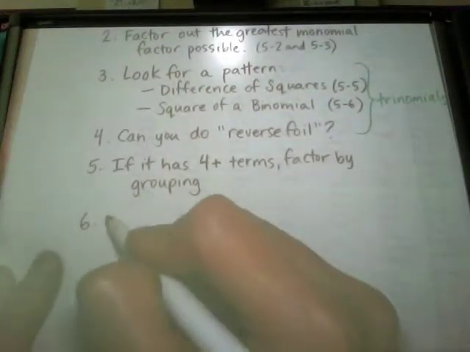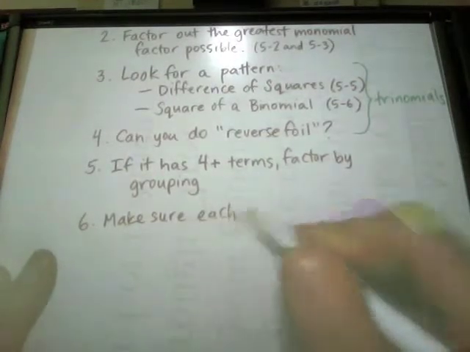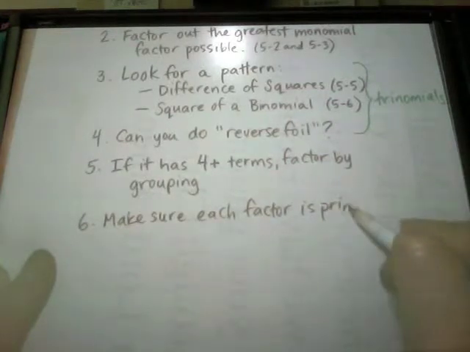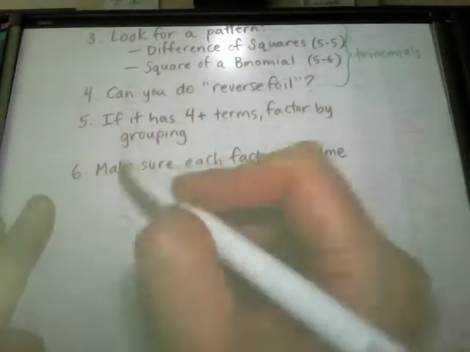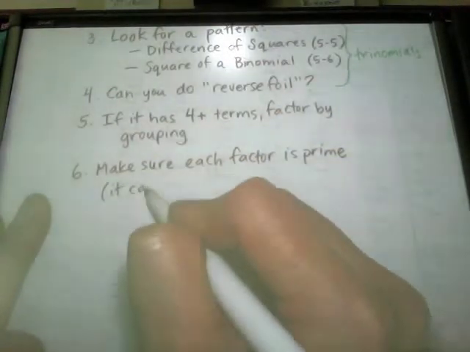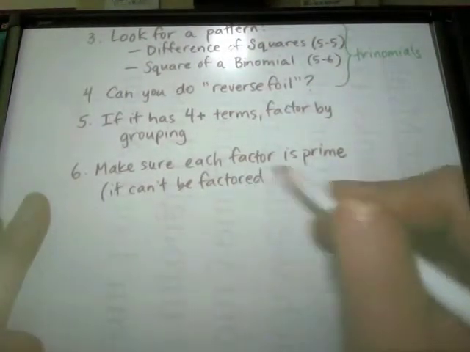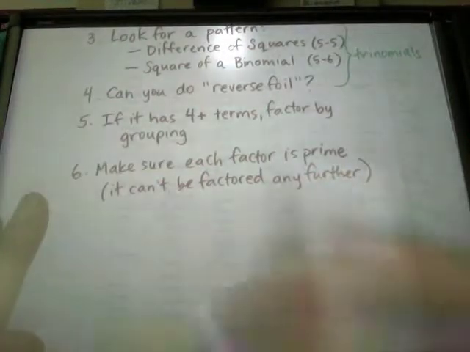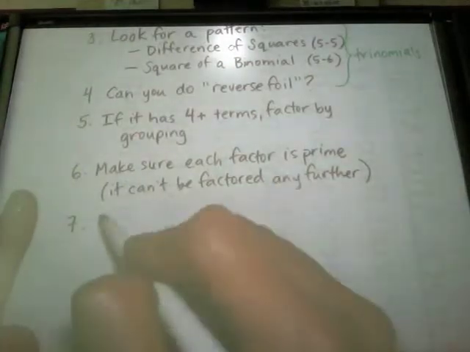Step 6, make sure each factor is prime. Now in the past, prime has meant it can't be factored at all. This means it can't be factored any further. And again, I'll show you examples for all of these. Step 7, check your work.